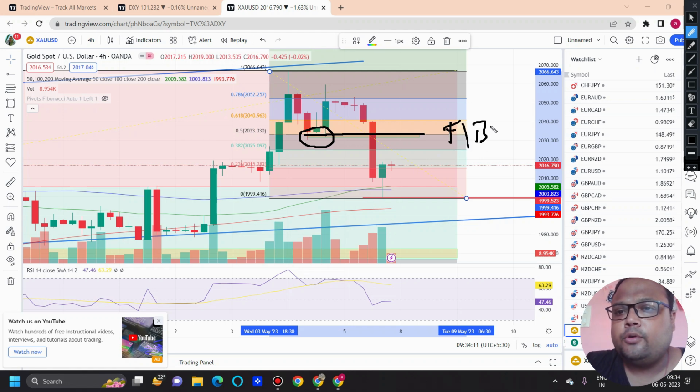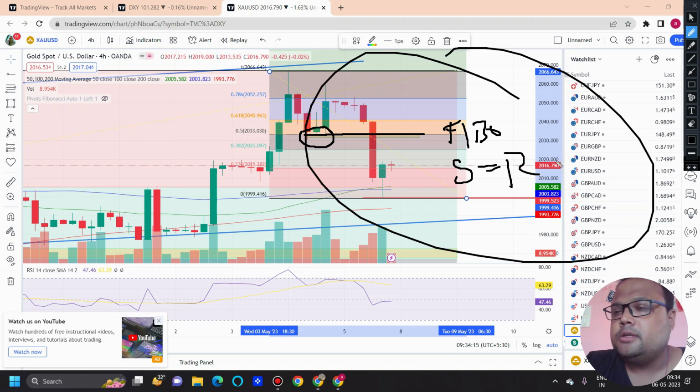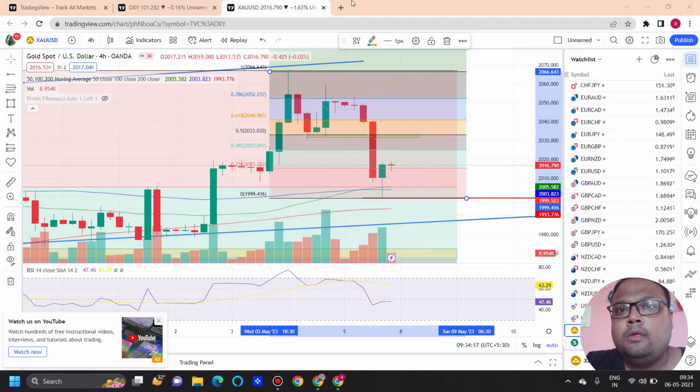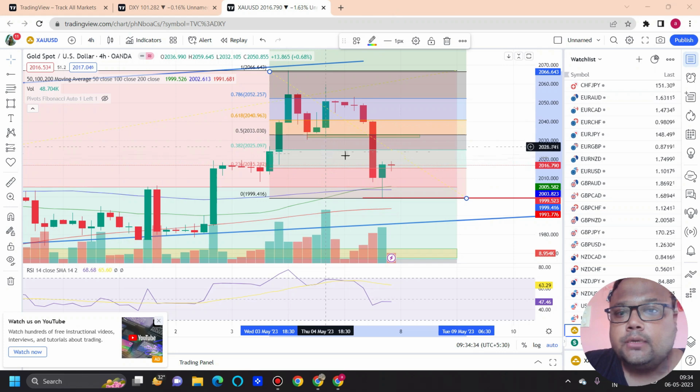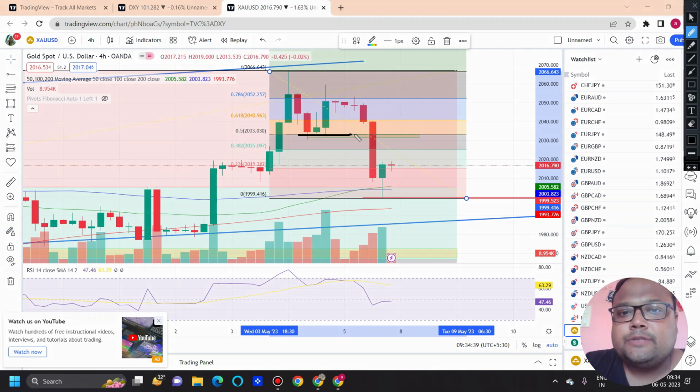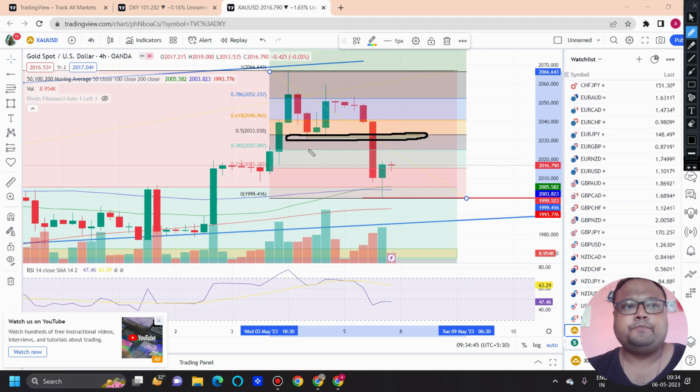So Fibo plus previous support to act as resistance. 2033 to 2031 is also a good level where you can expect some selling pressure, and if the market reverses, you can also look for a sell position.